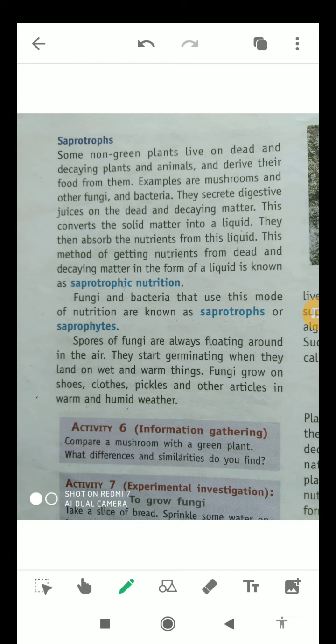So this method of getting nutrients from dead and decaying matter in the form of a liquid is known as saprotrophic nutrition.